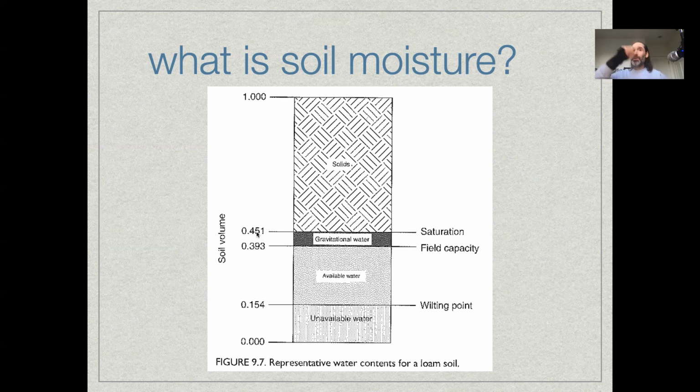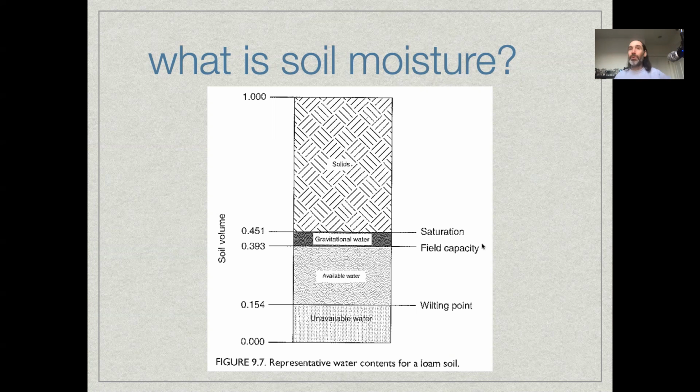And so that soil moisture is going to be constantly fluctuating between wet conditions and dry conditions, depending on the system. When we want to think about measuring the soil, we need to keep track of how much moisture is in the soil relative to these capacities.